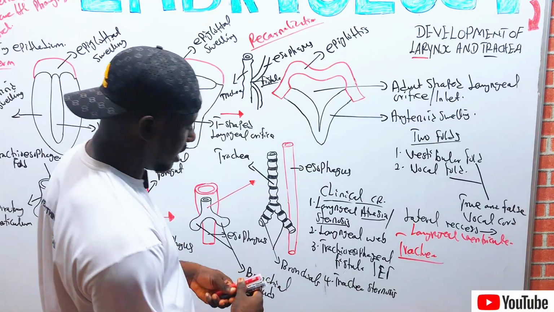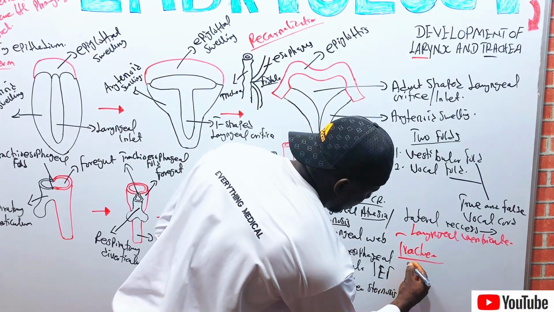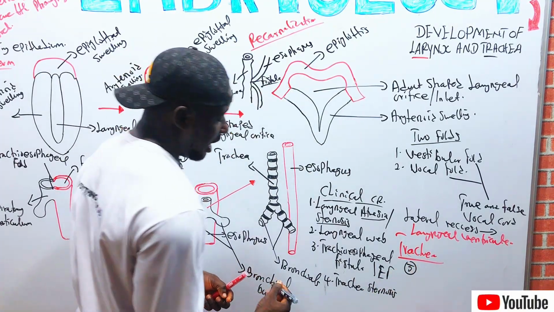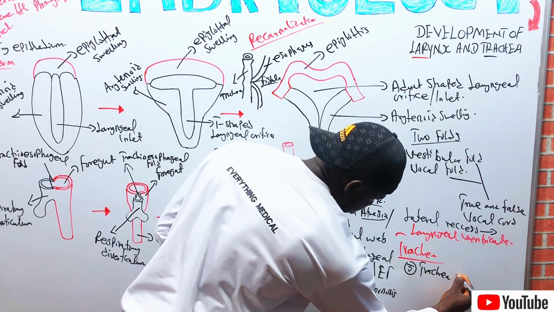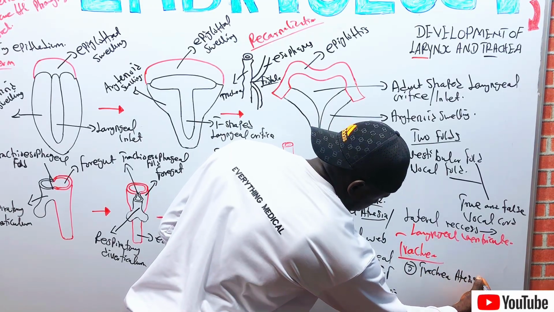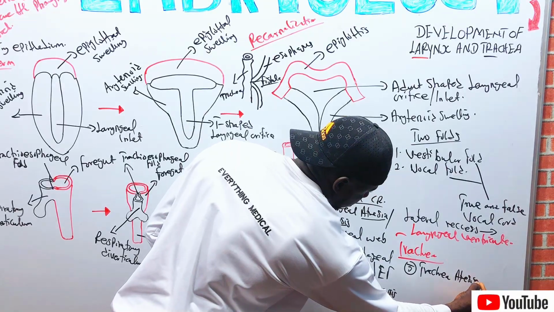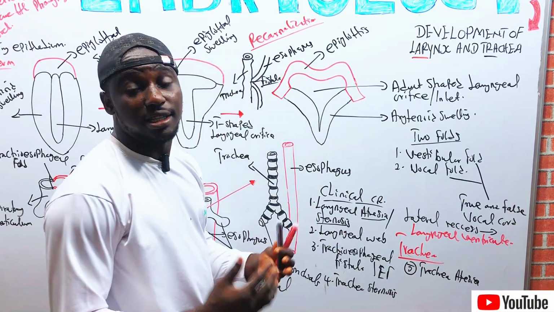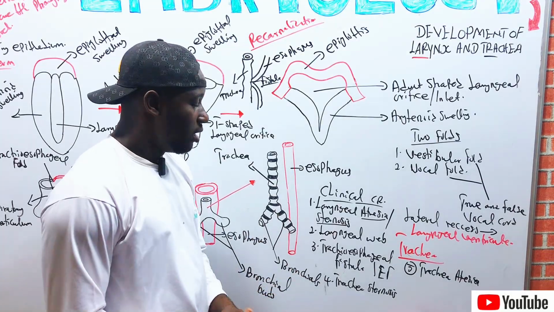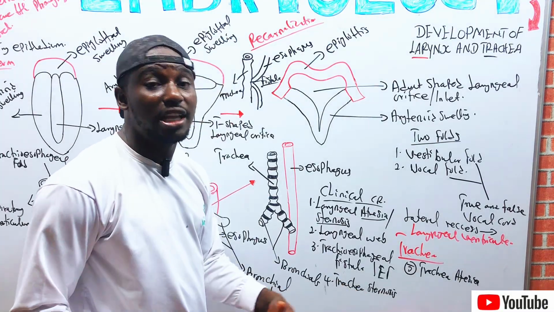So the next one, which is number five, is tracheal atresia. Tracheal atresia simply means tracheal blockage. Recall that tracheal stenosis simply means tracheal narrowing, right?